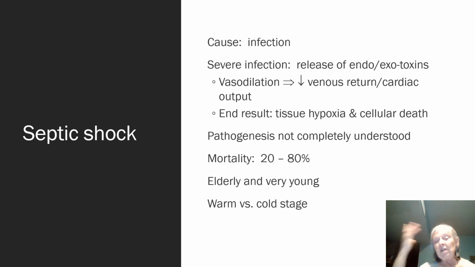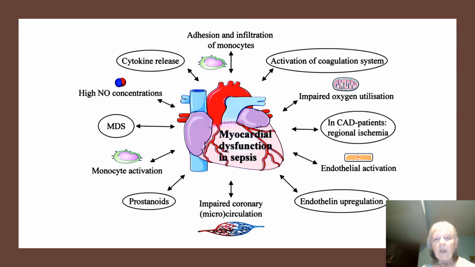It has 2 stages, the beginning and then the end. And the warm is the beginning and the cold, unfortunately, is the end. And some of the things that you can see, there's the cytokine release. Cytokines are interesting because there's like 1,000 different types of cytokines. So it's not just one at that particular point.